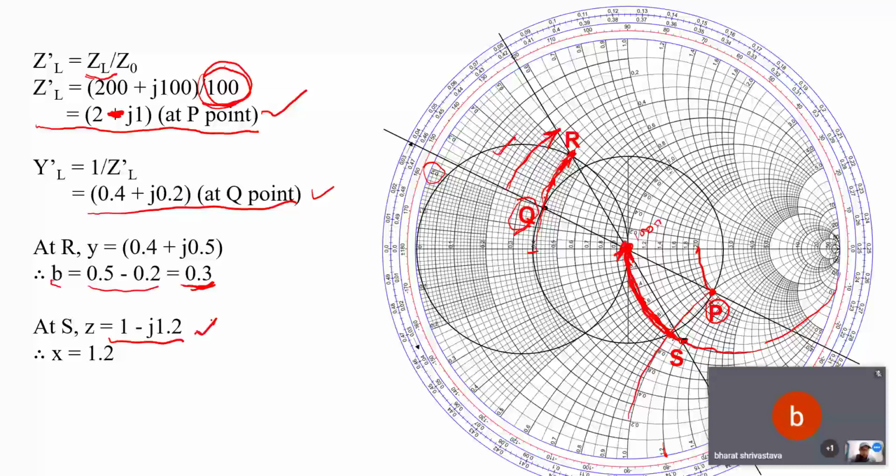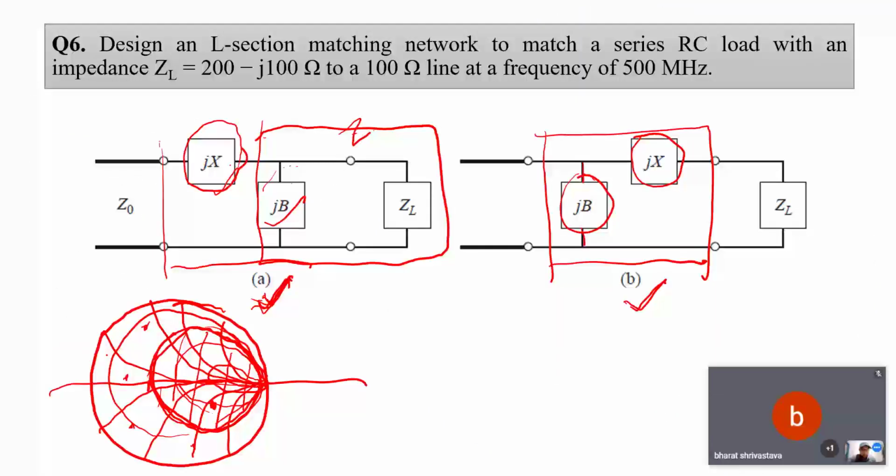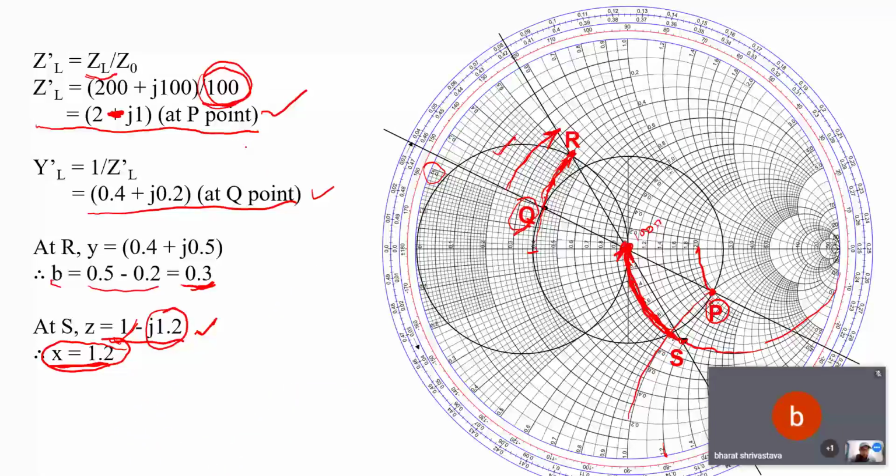If you want a perfect match, you have to remove this reactance term, then only you get a perfectly matched system. So this much reactance you have to add here. That's how you can find the values of B and X. Any doubt in this problem?